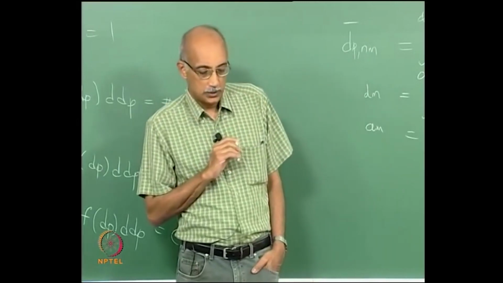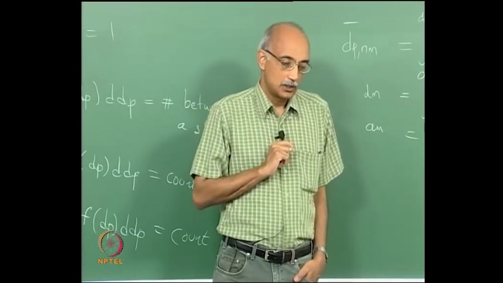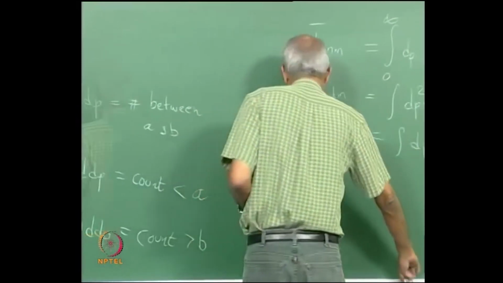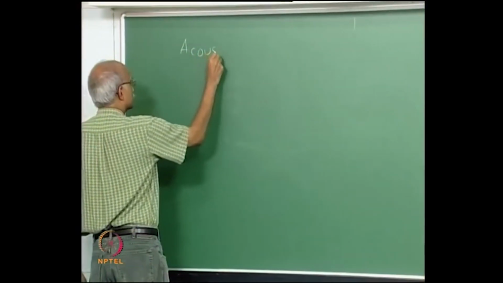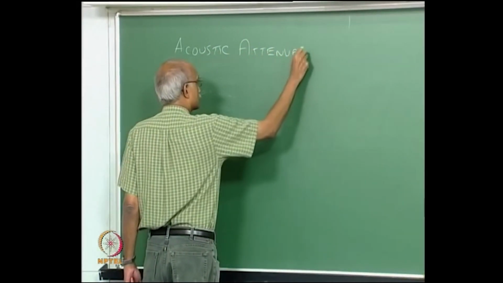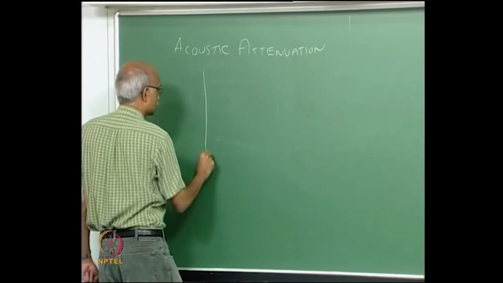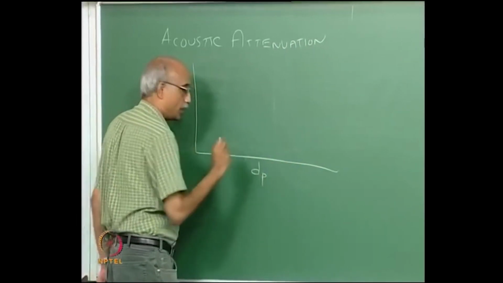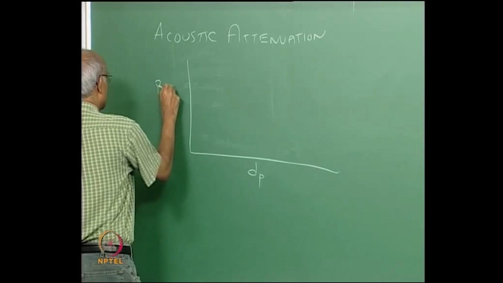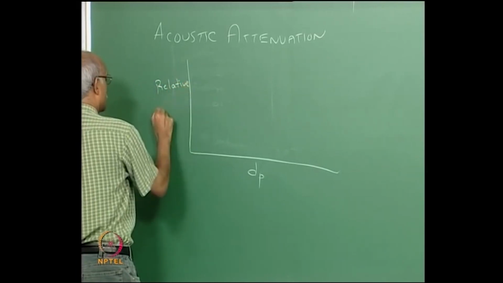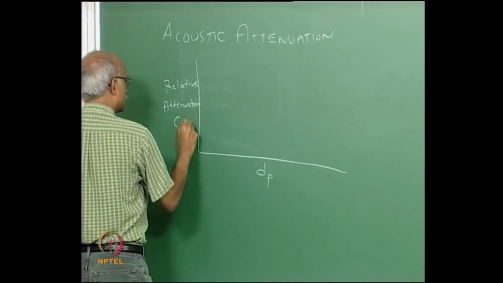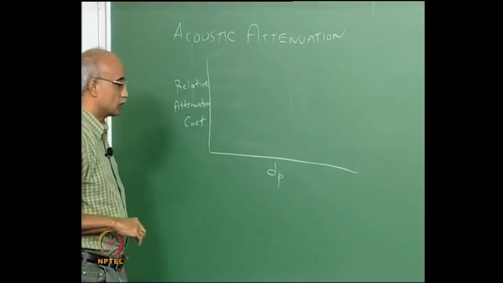If you look at the effect of particles on attenuating acoustic waves, you see a very interesting trend. If you plot particle size on the x-axis and a relative attenuation coefficient on the y-axis, what sort of trend would you expect?